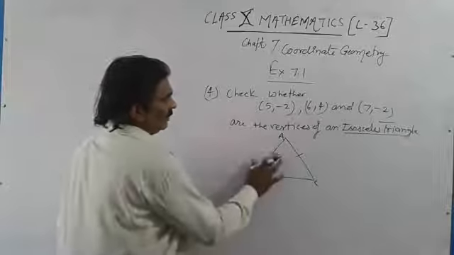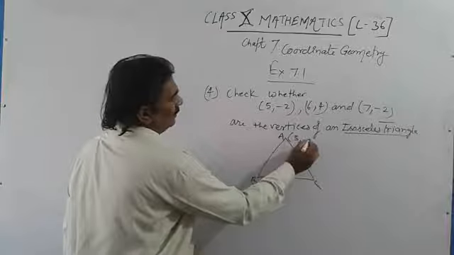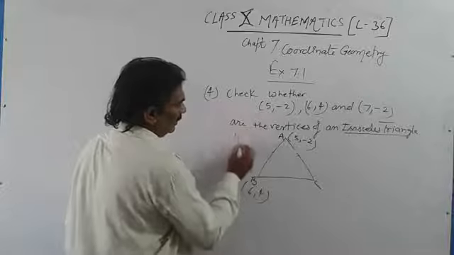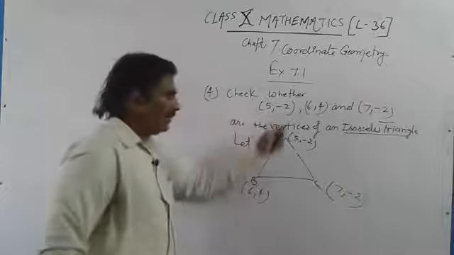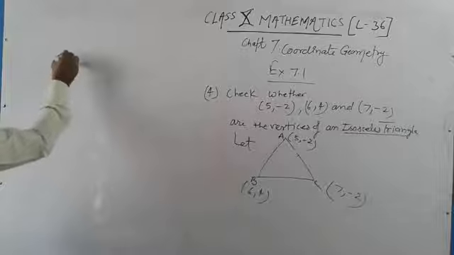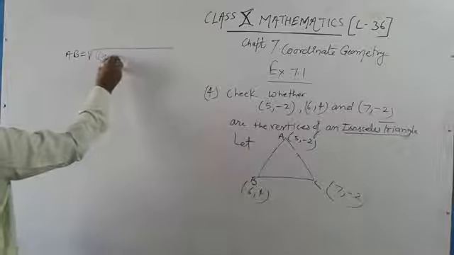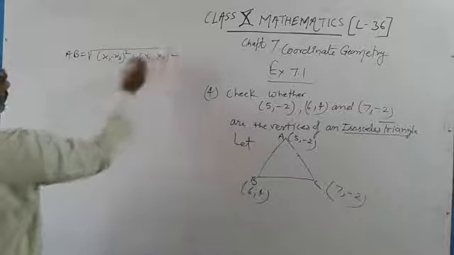So first of all, let us suppose that our points are A(5, -2), B(6, 4) and C(7, -2). Now we will find AB, BC and CA using the distance formula. So AB is equal to the square root of (x1 minus x2) whole square plus (y1 minus y2) whole square.